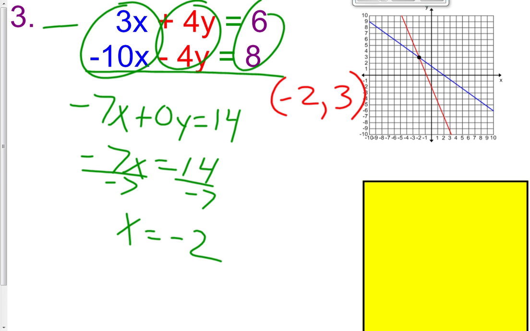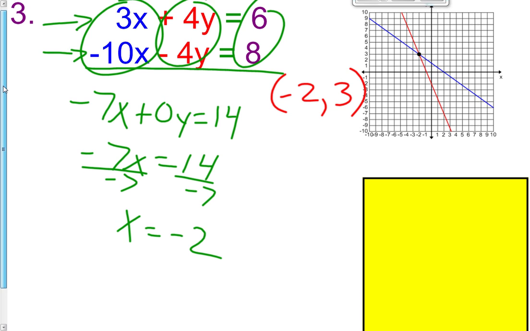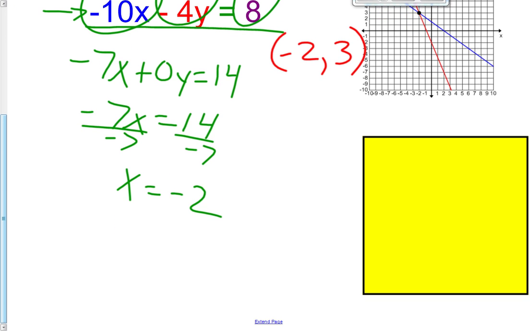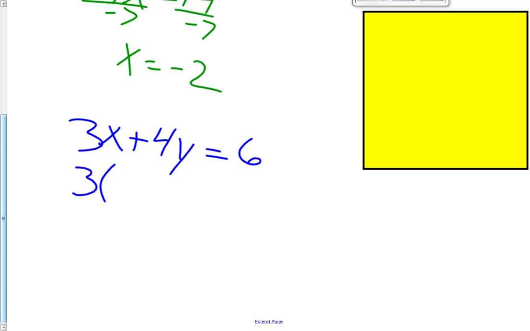So I'm going to put a negative 2 into this one, or a negative 2 into this one. It doesn't matter. I'll put it into the top one again, because that's what I've been doing the whole video. 3x plus 4y equals 6. So 3 times x, and x is a negative 2, plus 4y equals 6.